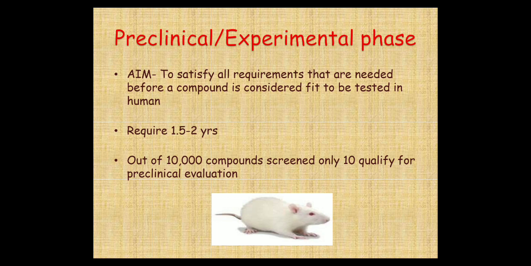This is very important because our anatomy and physiology is very similar to mice, monkeys, and so on. So we need to find the safety of our drug in these animals. If they show that the drug is safe, thereafter we can use it in human volunteers.